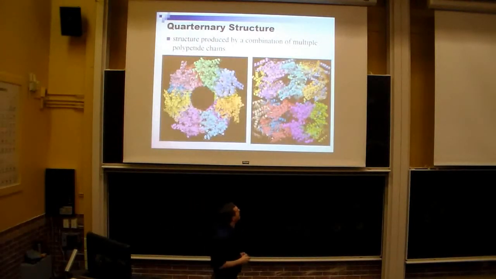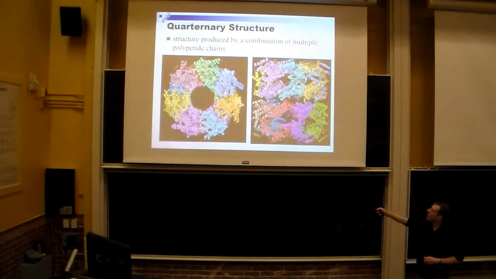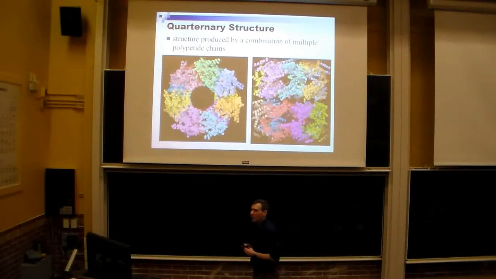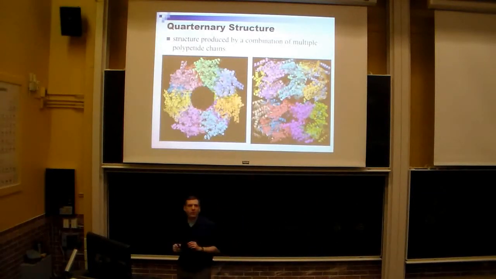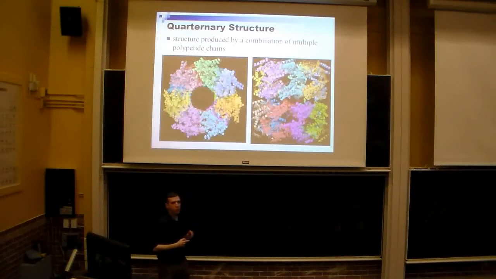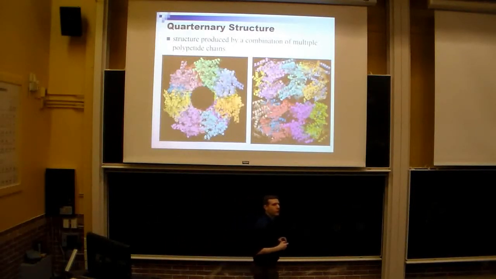All right, so that then brings us to quaternary structure. This is an example of a protein quaternary structure. In this case, 14 different polypeptide chains that form a large complex that would then be the functional version of this particular set of proteins. And again, it's important to remember that in real proteins, the quaternary structure is usually the functional version of the protein.